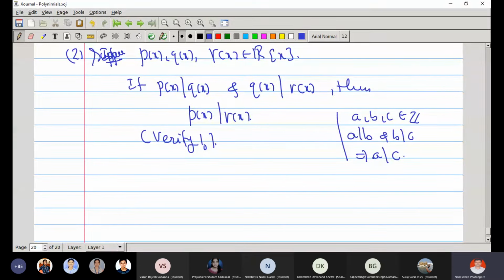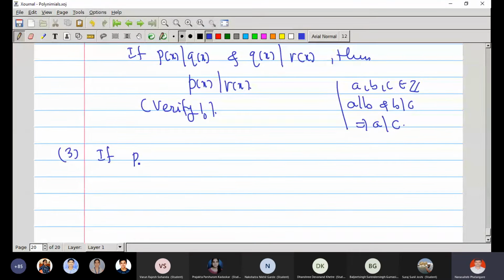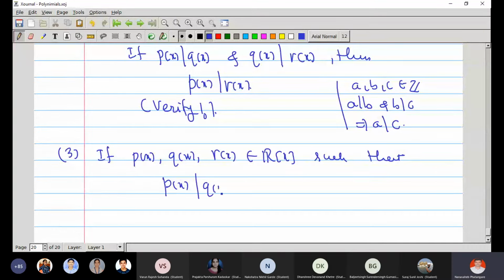So if p(x), q(x) and r(x) are any polynomials such that p(x) divides q(x) and p(x) also divides r(x), right? p(x) is a polynomial which divides both q(x) and r(x).